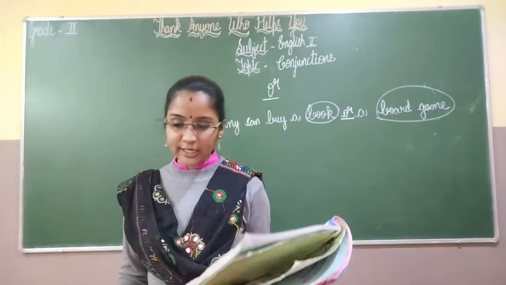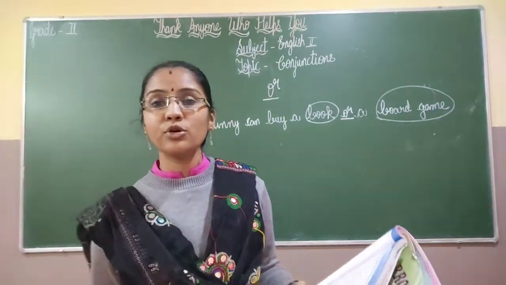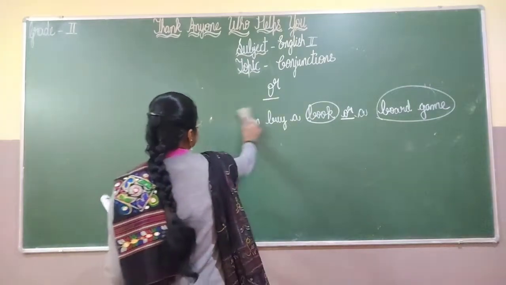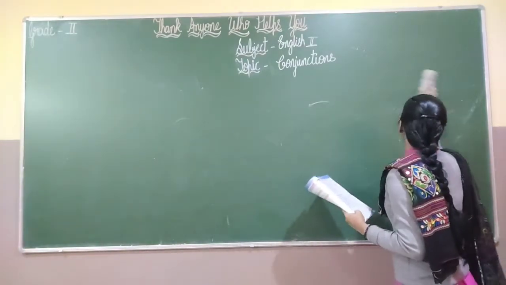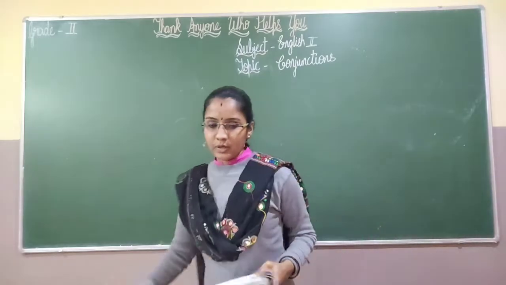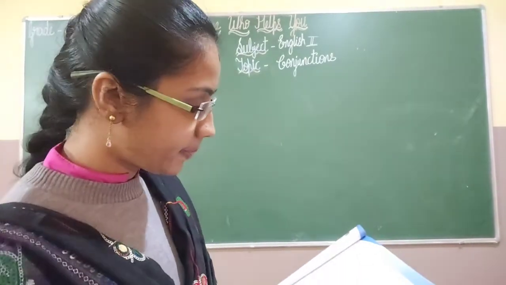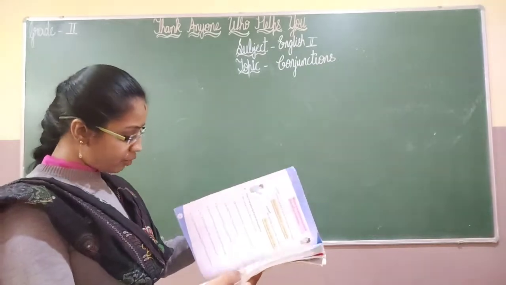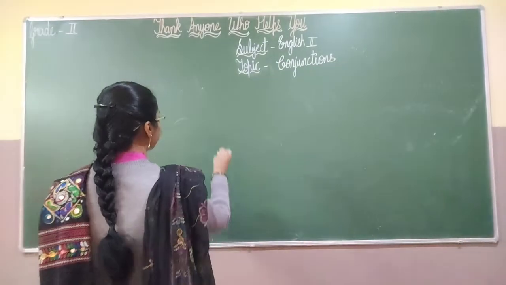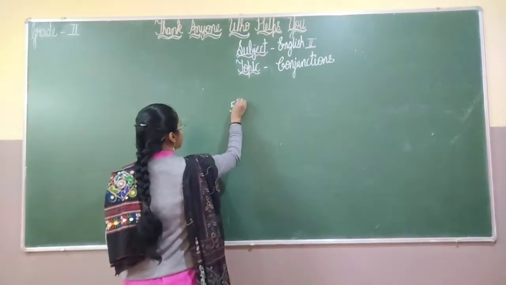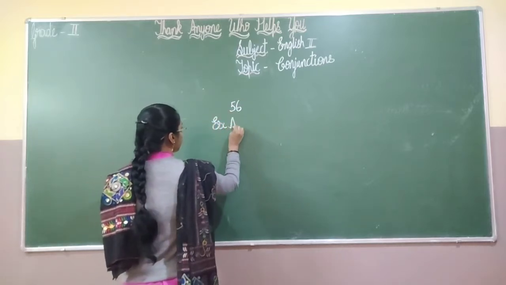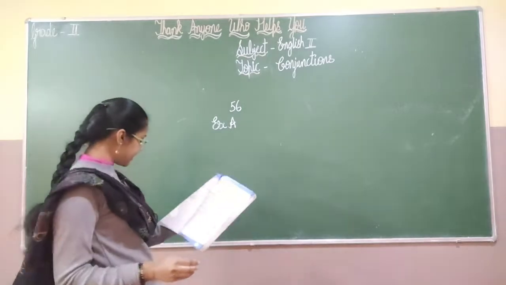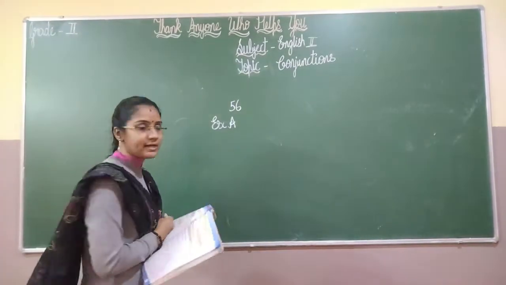So now we will do the textbook exercise. So I want you all to take out your pencil. Okay? So take out page number 56, exercise A. So for exercise A, we are not going to complete this sentence.